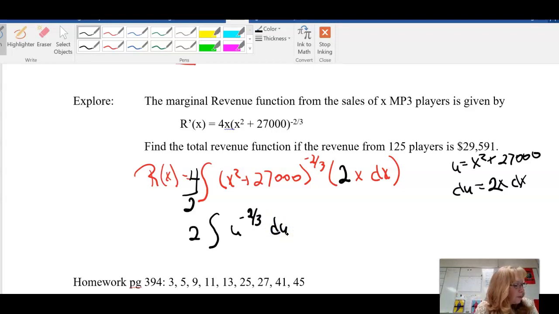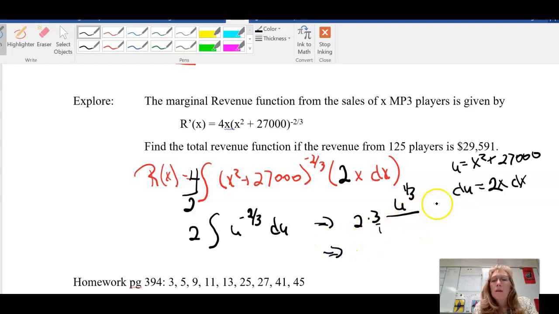The antiderivative of u to the negative 2/3: you have negative 2/3, you add 1, so that's u to the 1/3. We're not going to divide by 1/3, we're going to multiply by 3 over 1 instead. So now we've got 6 u to the 1/3 plus c.